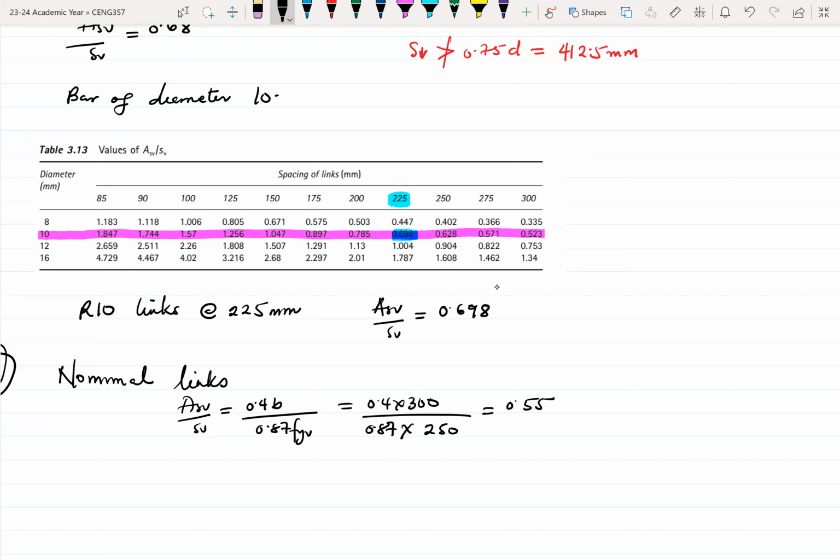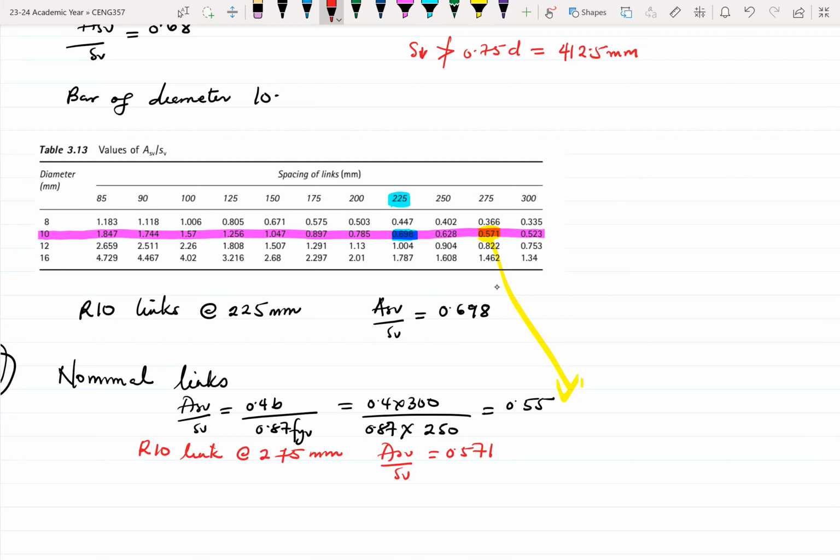So again, using the same R10, I can come in here, which means that the most appropriate value to use for the nominal links is R10 at a spacing of 275 millimeters, where the ASV over SV is 0.571.